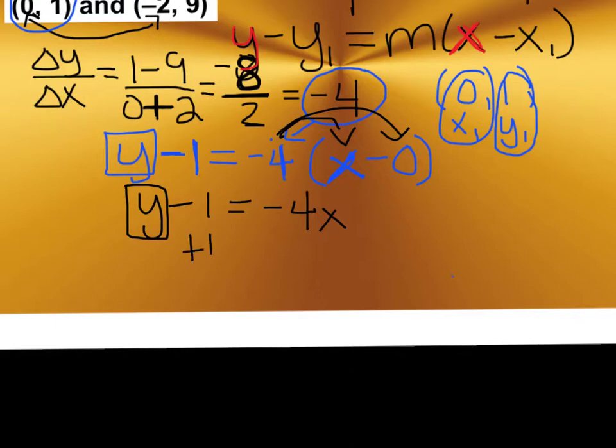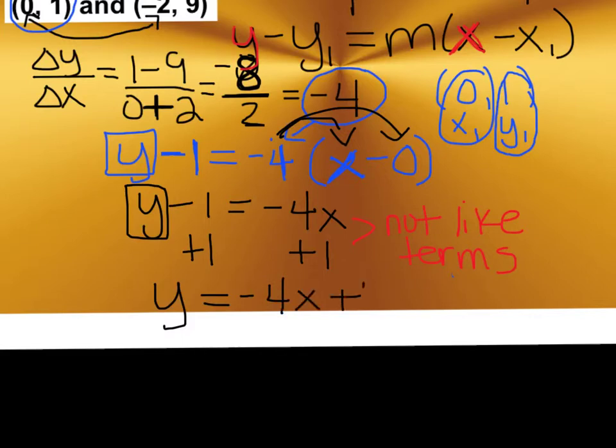Then I add 1 to both sides. I have y alone like I wanted. y equals. And now here, I can't combine negative 4x and 1 because they're not like terms. I'm going to go ahead and write that here. Not like terms. Which means we could just write them next to each other. And now I'll just put negative 4x because we always put the mx first.